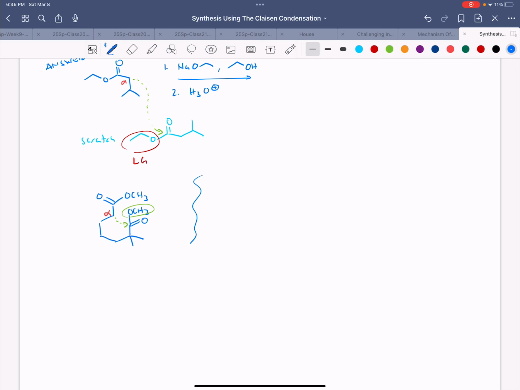So one way to draw this is the following. Okay, how many carbons? 1, 2, 3, 4, and then the dimethyl. 1, 2, 3, 4. Oh boy, and then the dimethyl. And then our ester that we attacked.